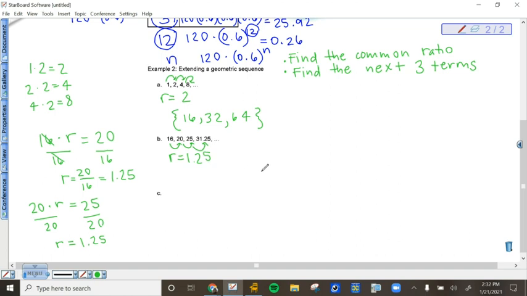1.25. Okay, so now take 31.25, pull out your calculators, and I want you to find the next three terms. So we take 31.25 and multiply by 1.25.